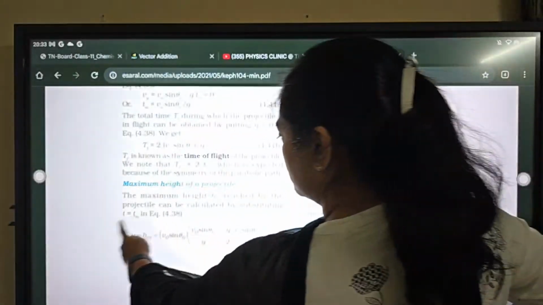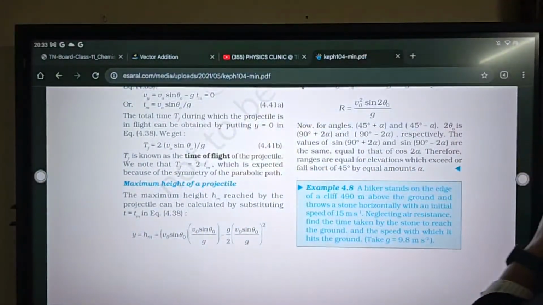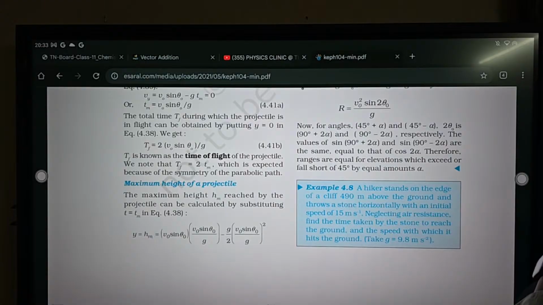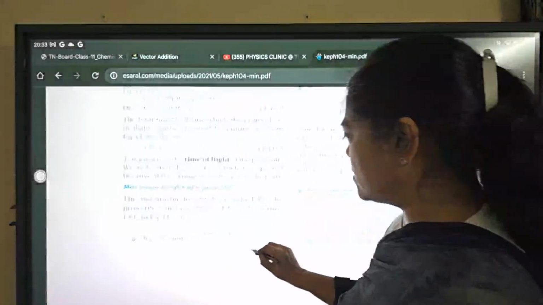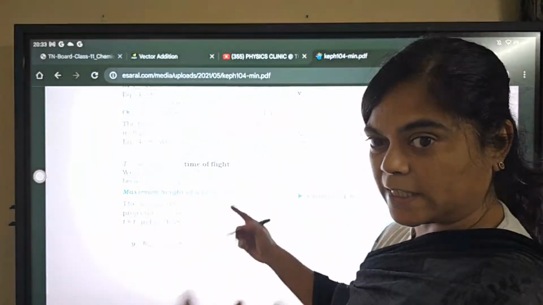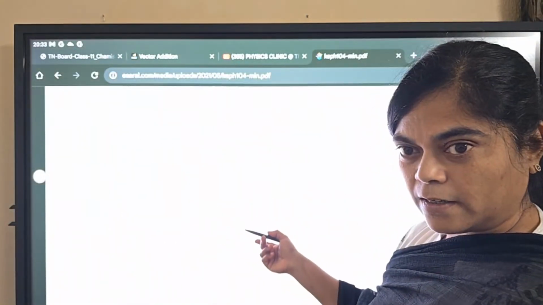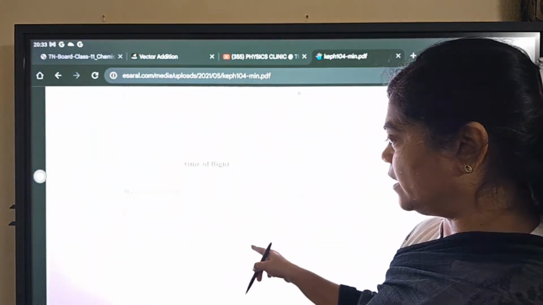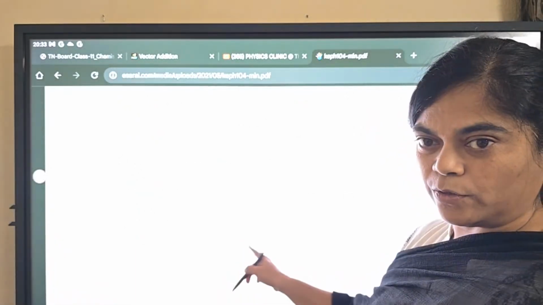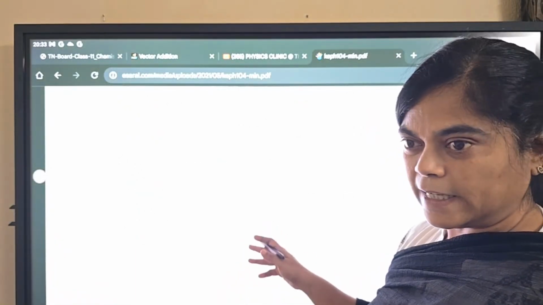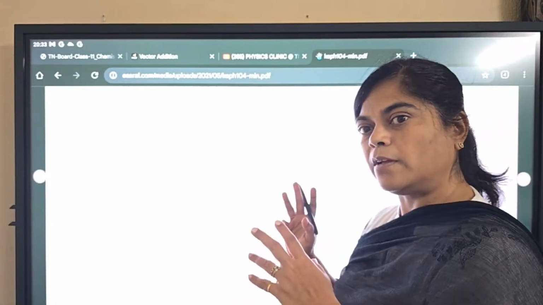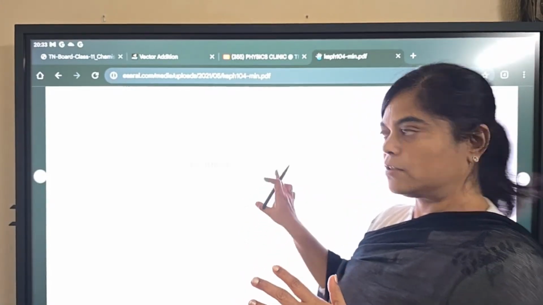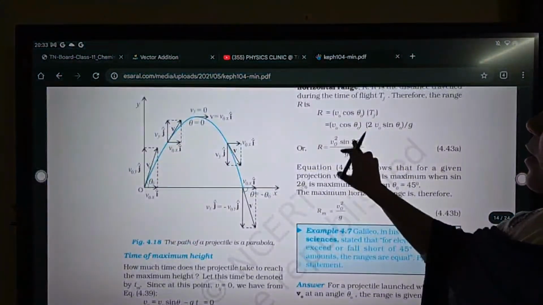If you take V naught sin theta naught the whole square outside, then inside will be 1 by g minus, and one g gets cancelled, so 1 by half g, that is 1 by 2g. So 1 minus half will be half. Clear or not?